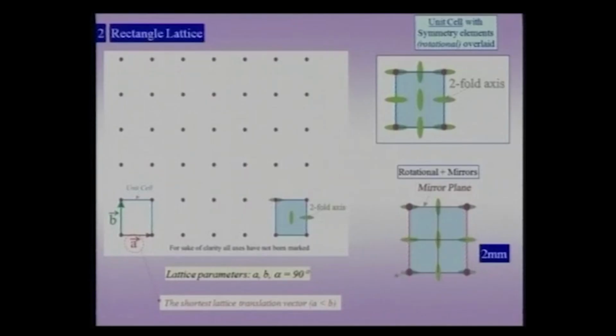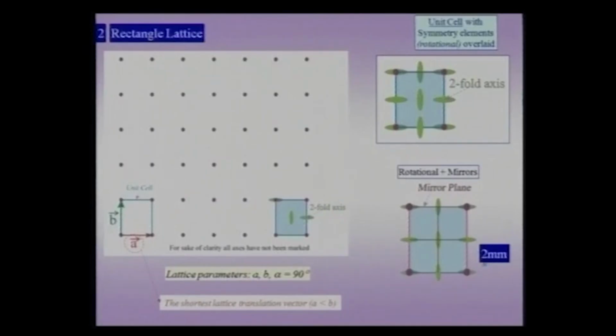And an important point to note as compared to the square lattice is that as there is no four-fold axis at the center, these two mirrors are not equivalent. The vertical mirror cannot become the horizontal mirror by any rotation of any symmetry axis, and therefore these are two independent mirrors, and the shorthand notation to describe this symmetry operation is 2mm.